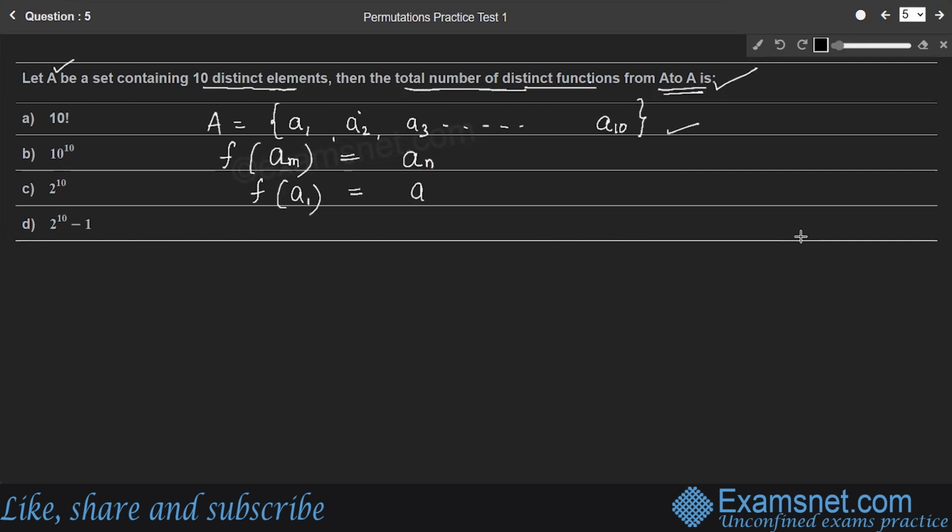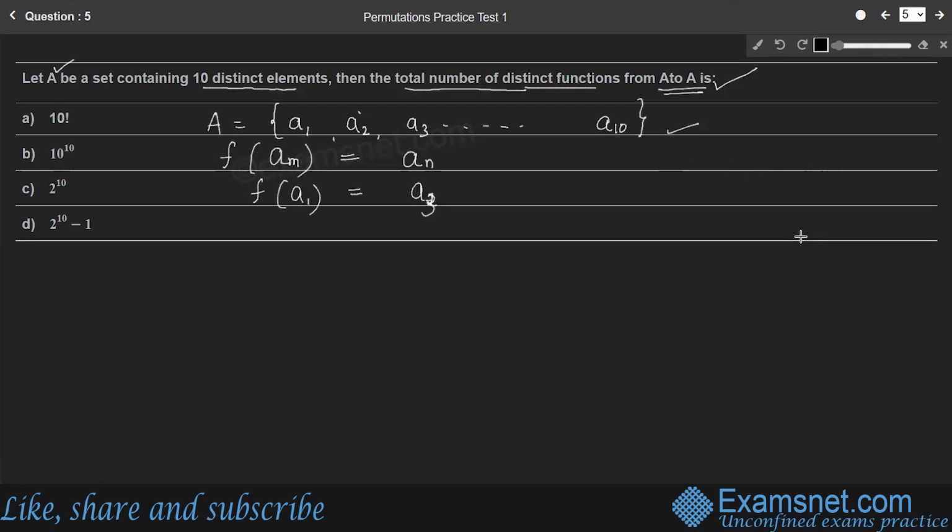It may be A7 or A2 or A3, any element, such that f of Am is equal to An, where m ranges from 1 to 10.